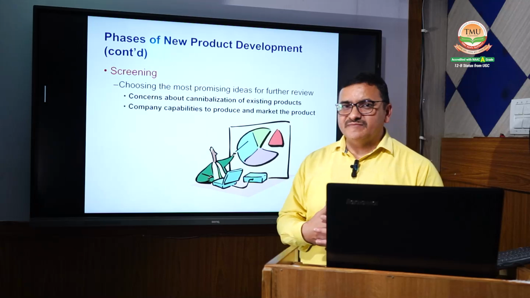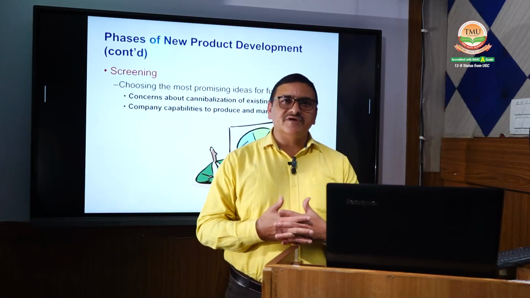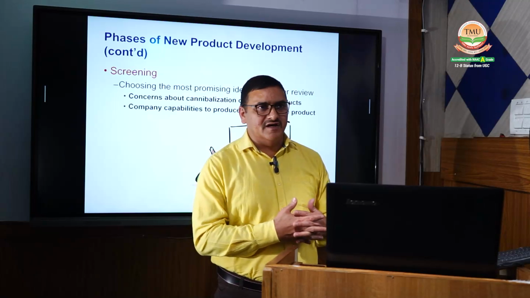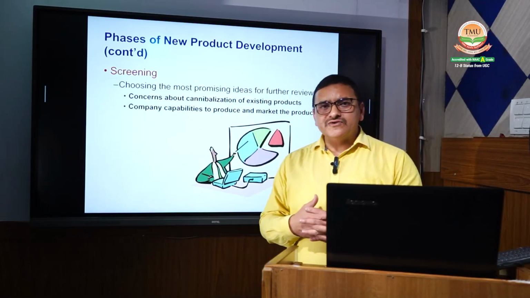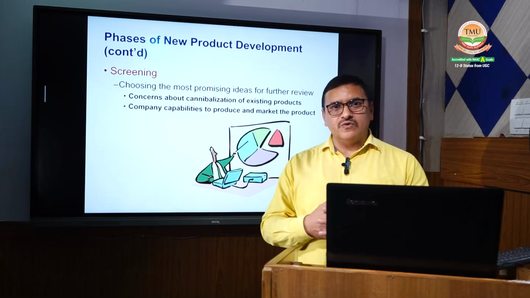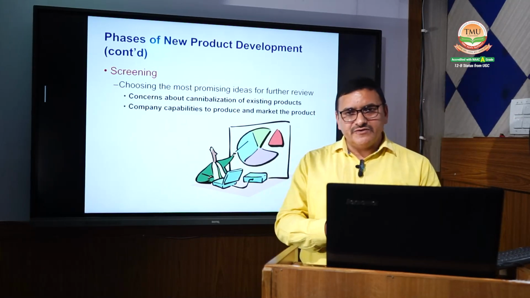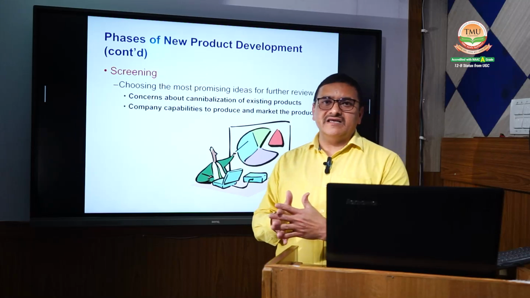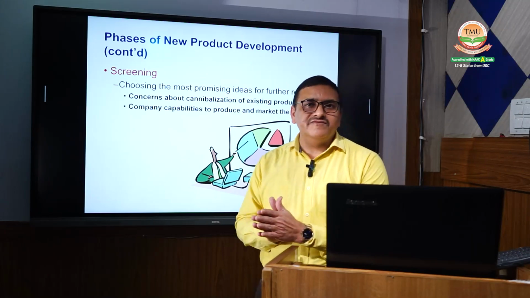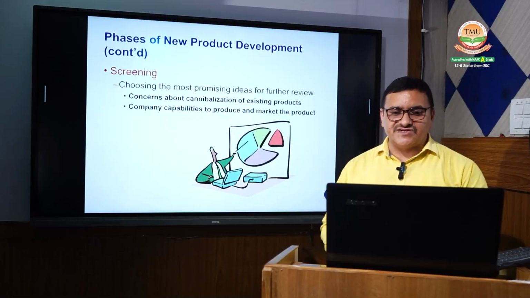We can take the example of Hindustan Unilever Limited, which provides n number of FMCG products in the market, and most of the products are competing with their own product or with their own brand. So here we have to take care that if we are producing the same product category in the existing product line, then it will be very difficult for us to justify the new product development initiative.